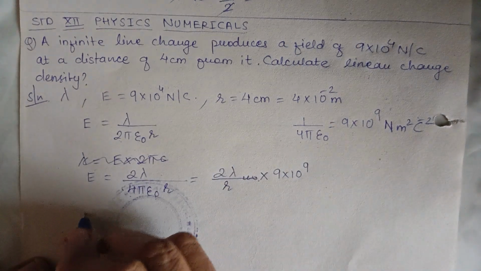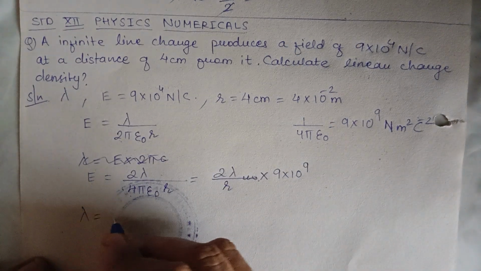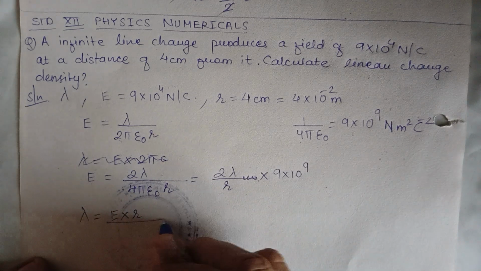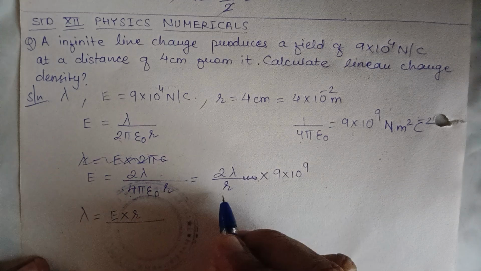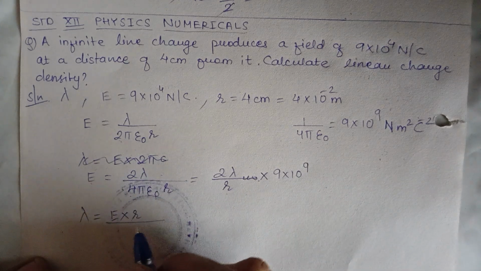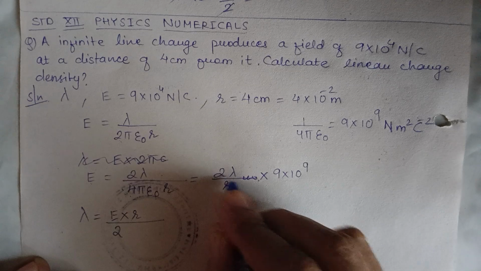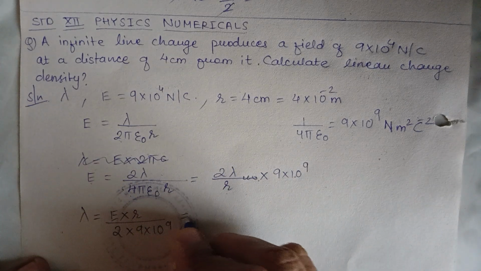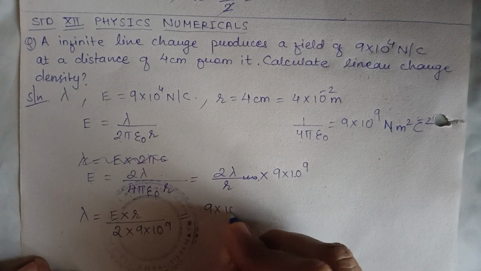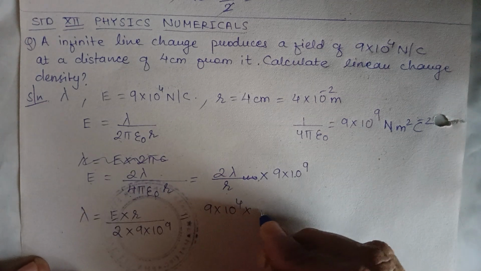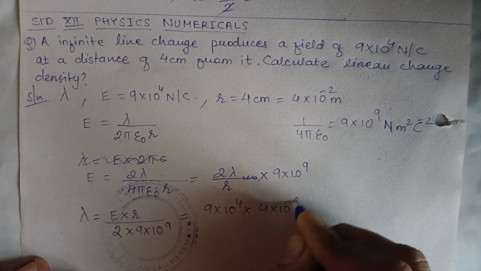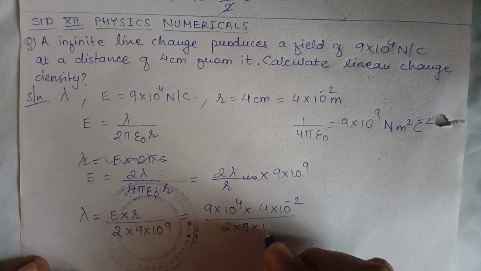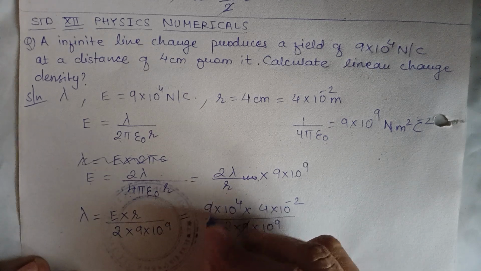Now I can write lambda is equal to E into r upon 2, and this 10 raised to 9 is 9 into 10 raised to 4, r is 4 into 10 raised to minus 2, upon 2 into 9 into 10 raised to 9.